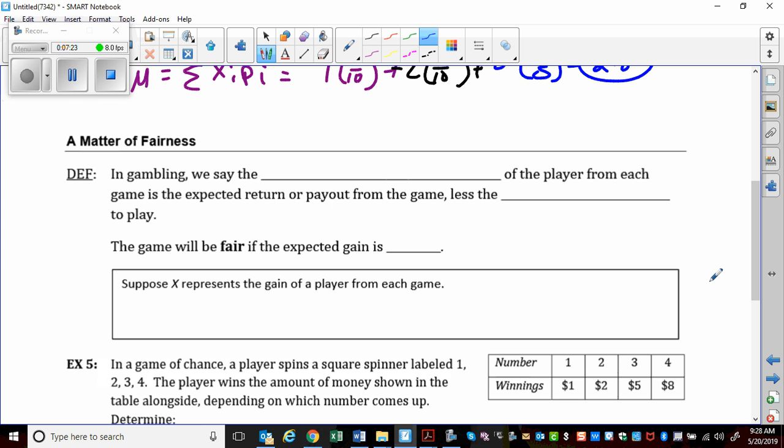So a matter of fairness: in gambling, we say the expected gain of the player from each game is the expected return or payout from the game, less the amount it costs to play.